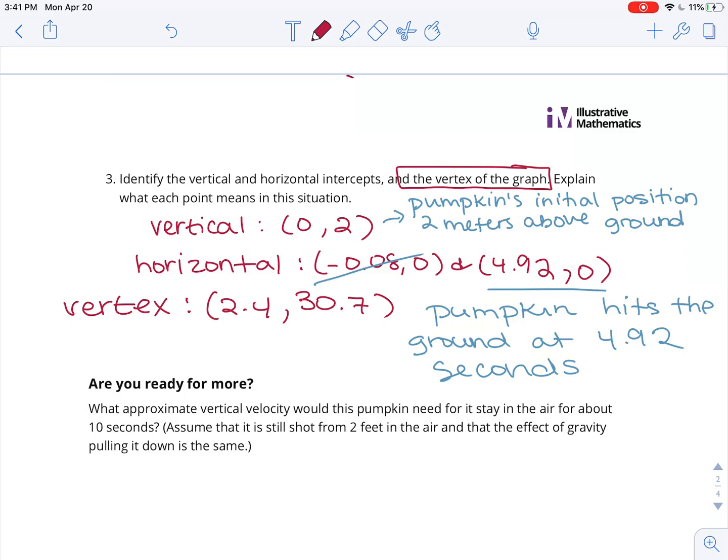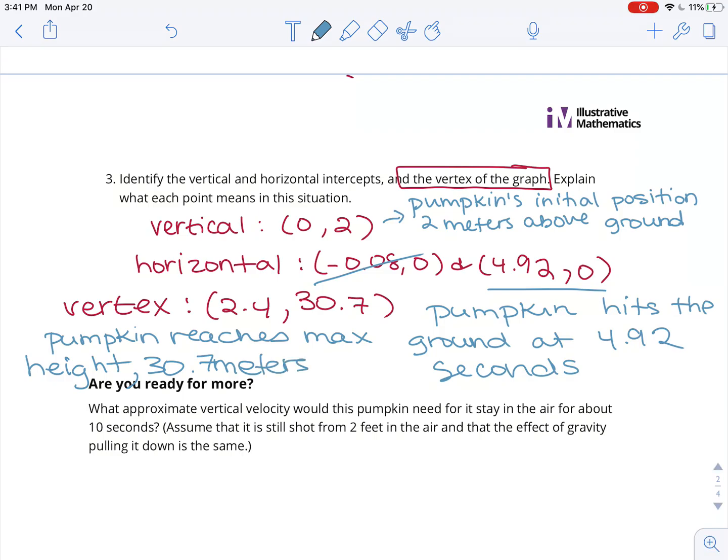And what that means is that the pumpkin reaches its maximum height, which is about 30.7 meters, at about 2.4 seconds.